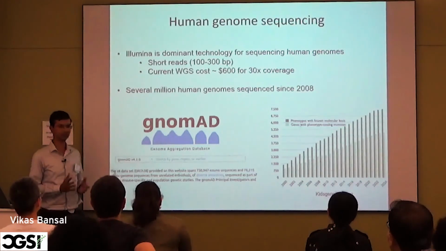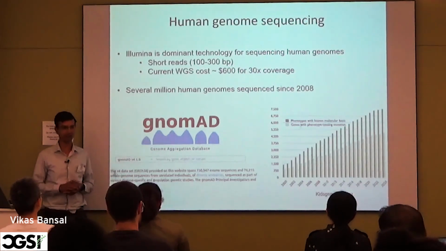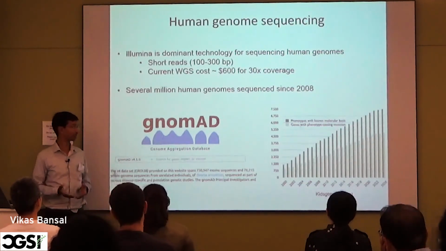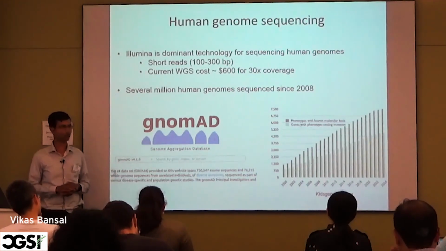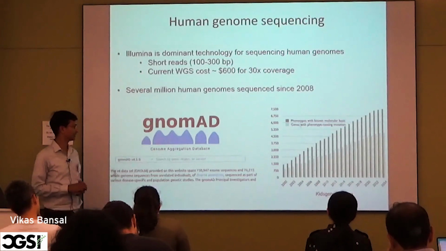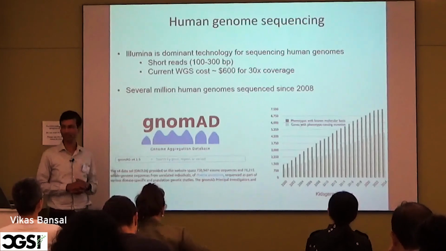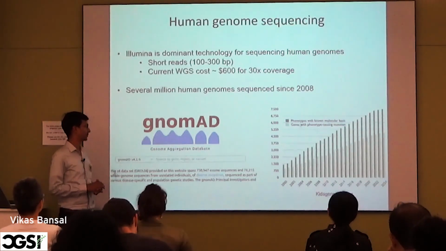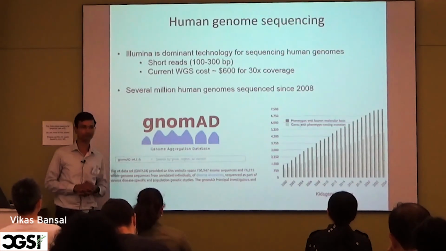And since sequencing is so cheap, a lot of studies of human genomes have been conducted trying to find disease-causing variants or understand human population variation. As a result, we have large databases of human genetic variation, a prime example of which is gnomAD, the Genome Aggregation Database.